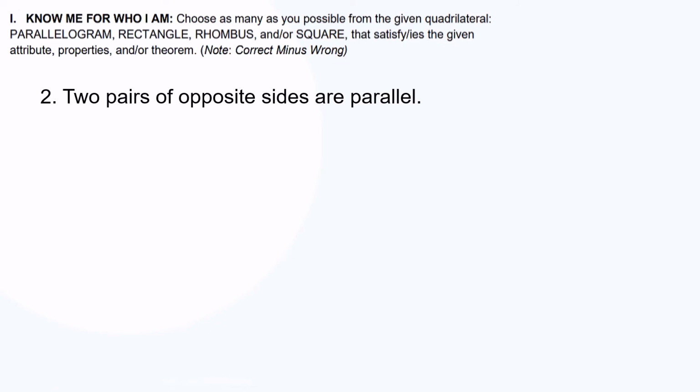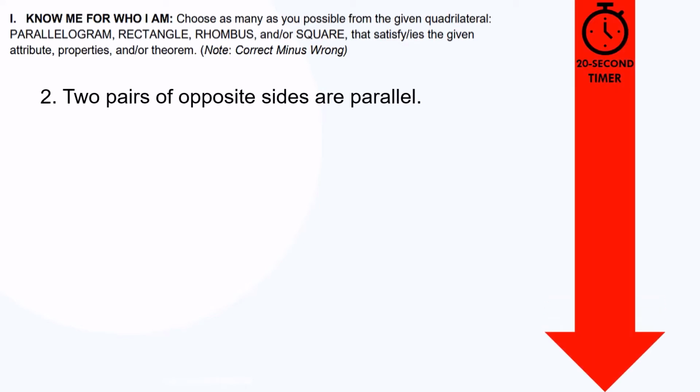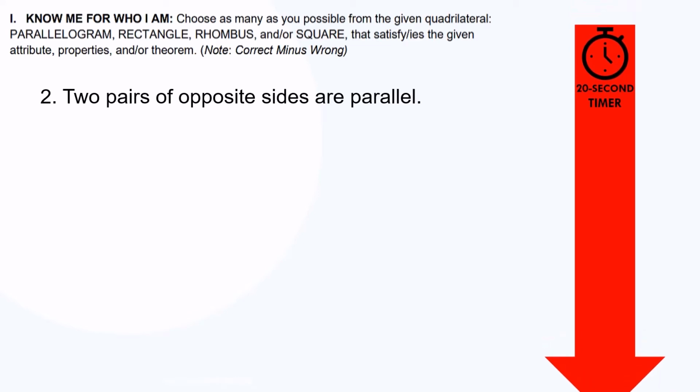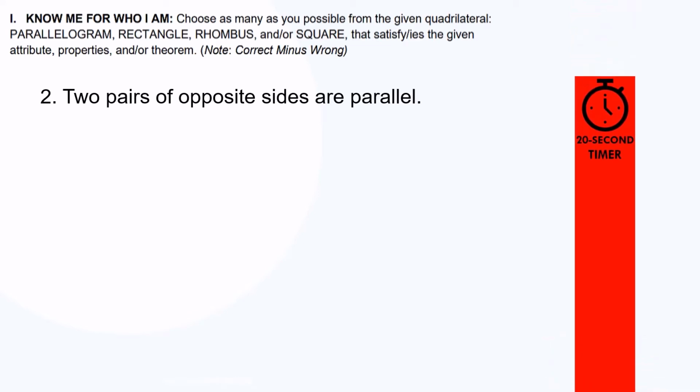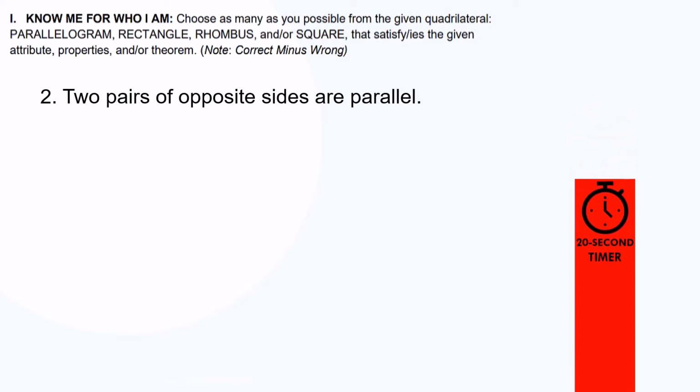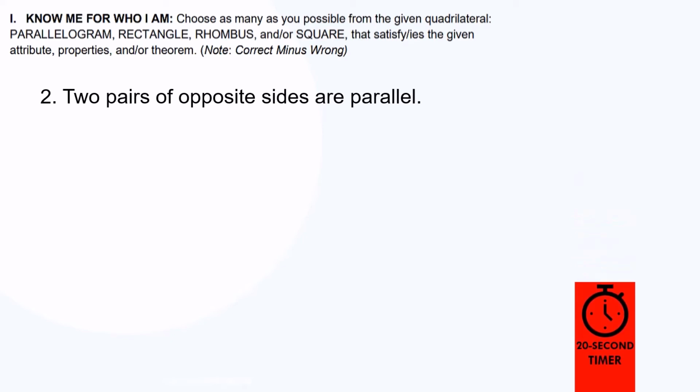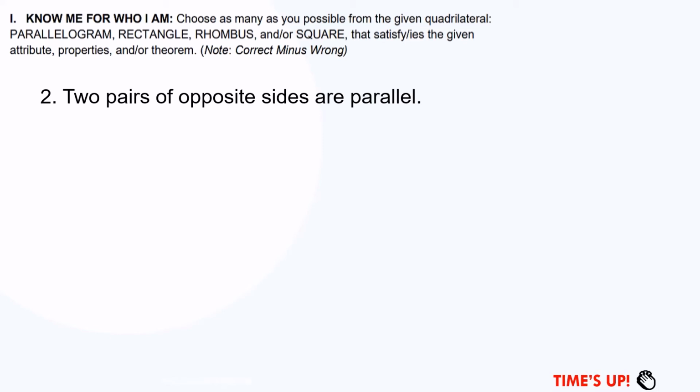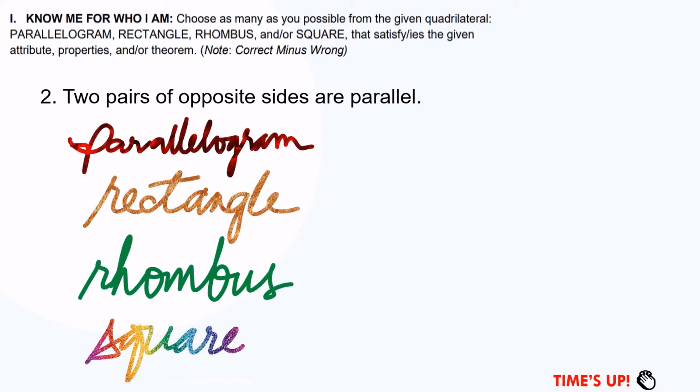For number 2, two pairs of opposite sides are parallel. What is your answer? Your 20-second timer starts now. The correct answer, parallelogram, rectangle, rhombus, and square.